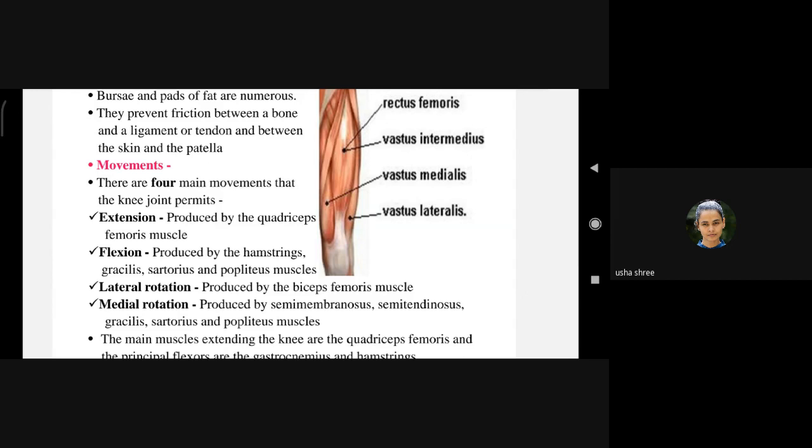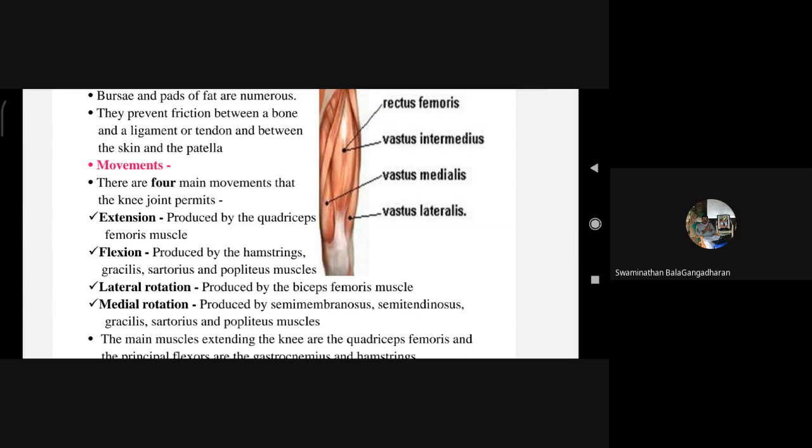Especially boys and gents at the gym are fond of biceps and triceps. So the quadriceps is also located in our upper thigh, in the front side of our upper leg. So quadriceps is the group of 4 muscles, and biceps femoris is a part of those 4 muscles.